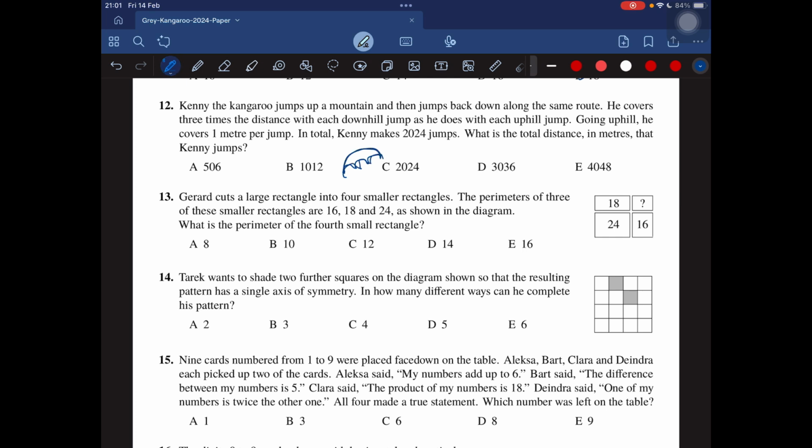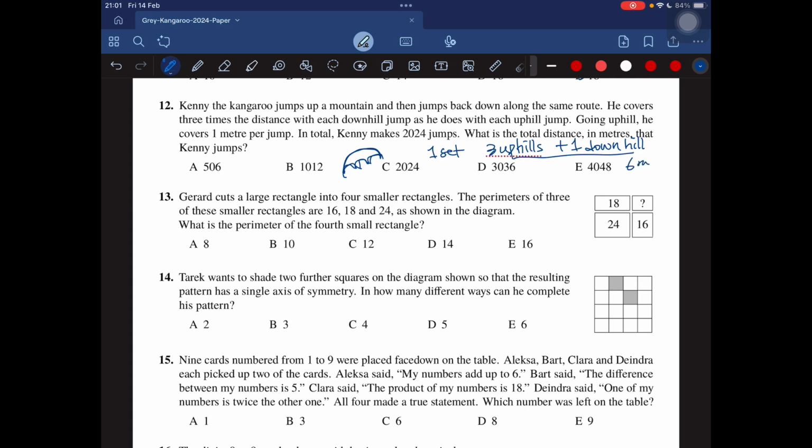So let's call this one set, composed of 3 uphills plus 1 downhill. So it makes 6 meters.